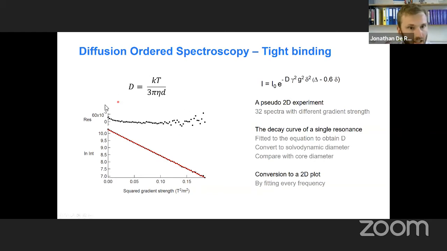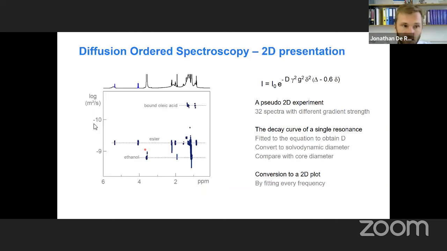So this is the way that you fit a single resonance to get the diffusion coefficient. Now you can do that for all the resonances and then organize those resonances according to their diffusion coefficient. And that's then a typical 2D plot as what you see here. So this is the 1D spectrum where there are all kinds of molecules, 3 different ones with different diffusion coefficients.